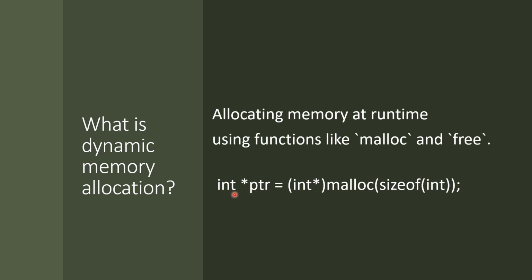Ptr is a pointer to integer type data, which is assigned integer star malloc size of integer. So this function will be executed at runtime and whatever is the size of integer, that memory shall be allocated at runtime.